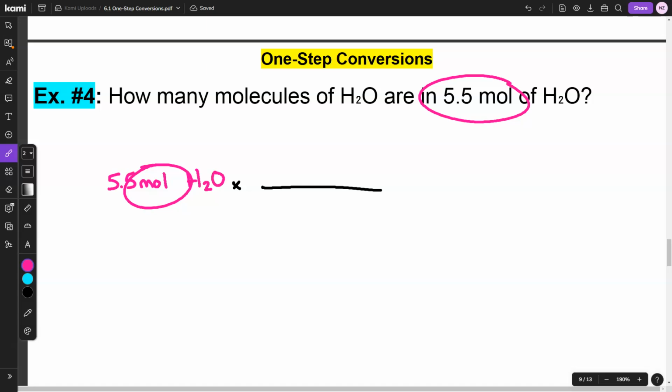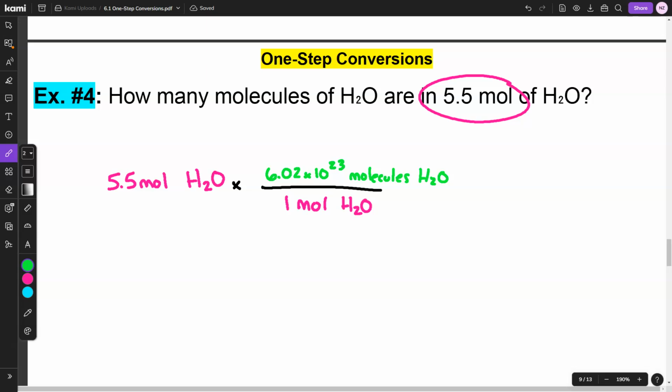So in this case, it's going to be molecules. So that's going to go on the top of our fraction because the 1 mole is going to go on the bottom. So there's 1 mole of water, and 6.02 times 10 to the 23rd, let's call this molecules of H2O.